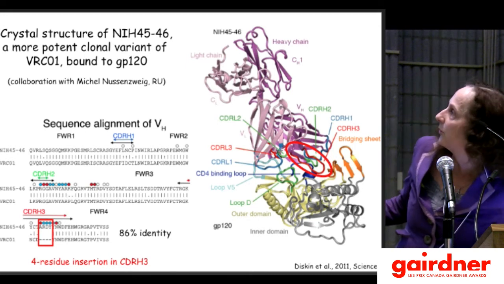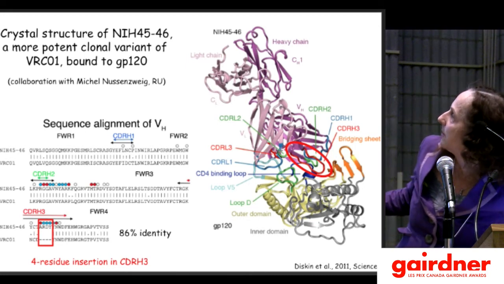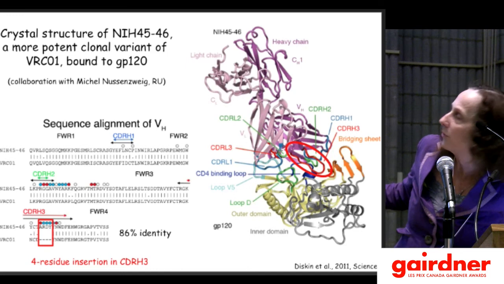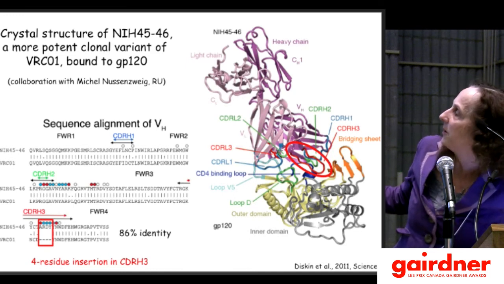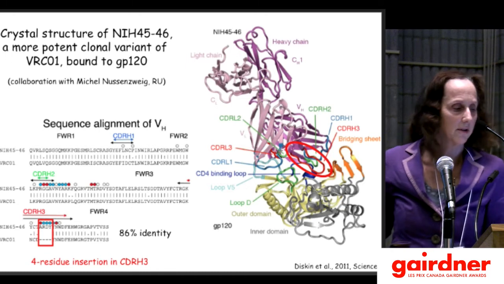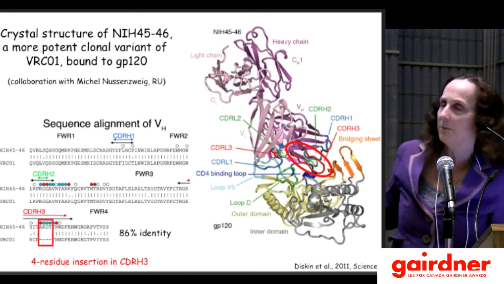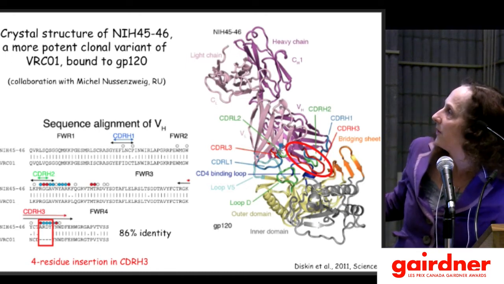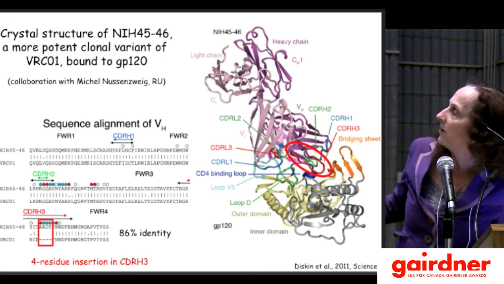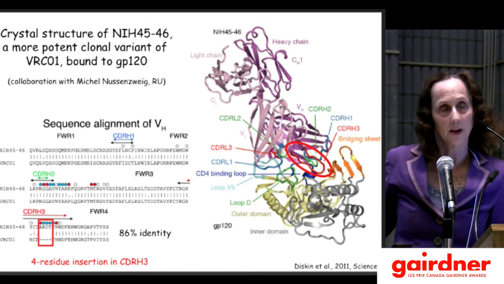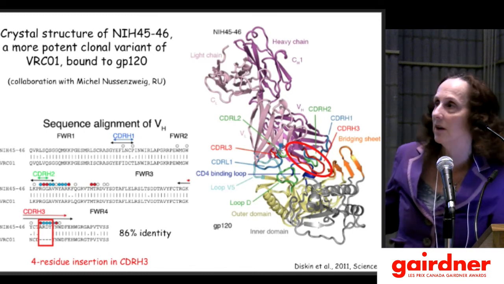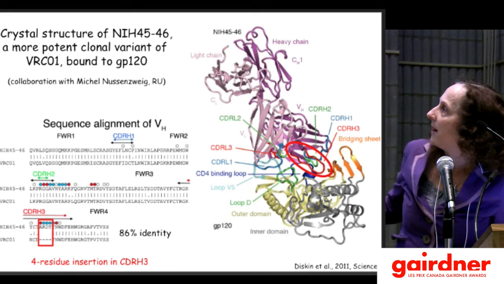So this is a crystal structure that Ron Diskin in my lab did of, there's GP120, that's the HIV protein, and here are the 2 chains of the Fab. And the details here aren't important about what's going on, except to say that because 4546, Michel's antibody, was more potent than VRC01, but it was 86% identical in its heavy chain, and even more than that in its light chain, we were able to ask what part of it makes it more potent.